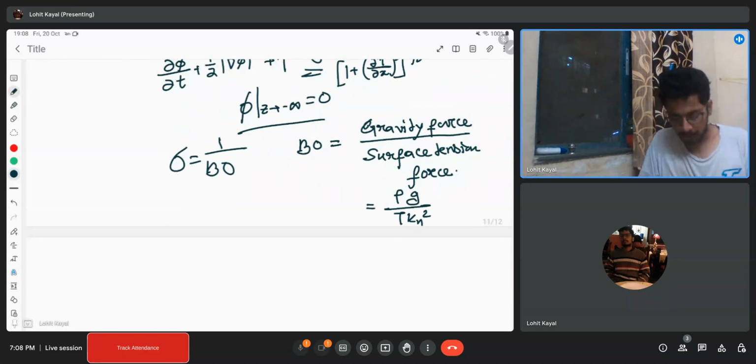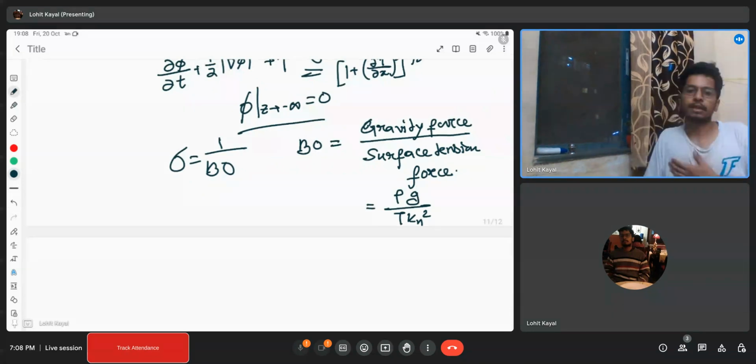This is the definition. Alright. That means when your Bond number is sufficiently high, then your effect of gravity is more important. And when Bond number is very, very small, then the effect of your surface tension is important and we can neglect the effect of gravity.